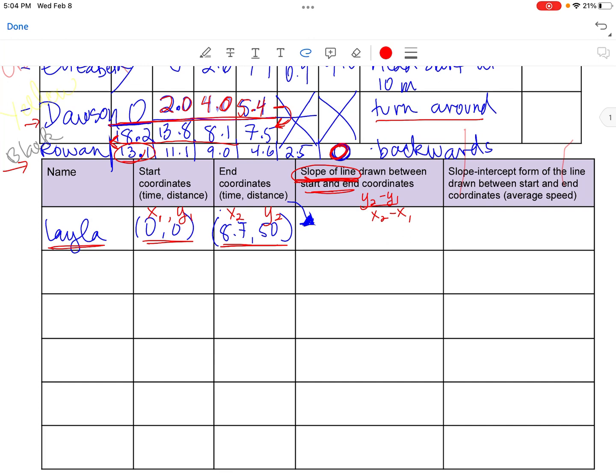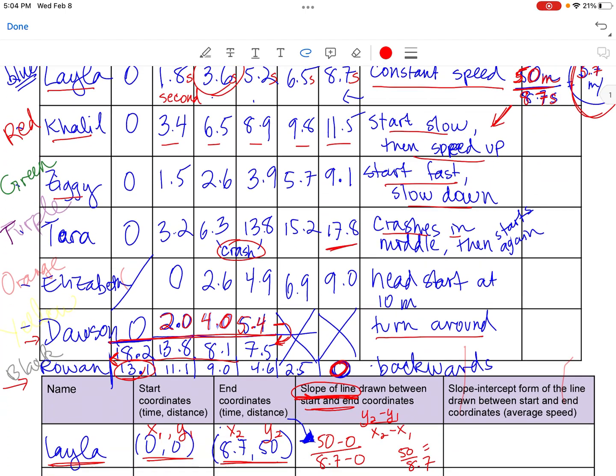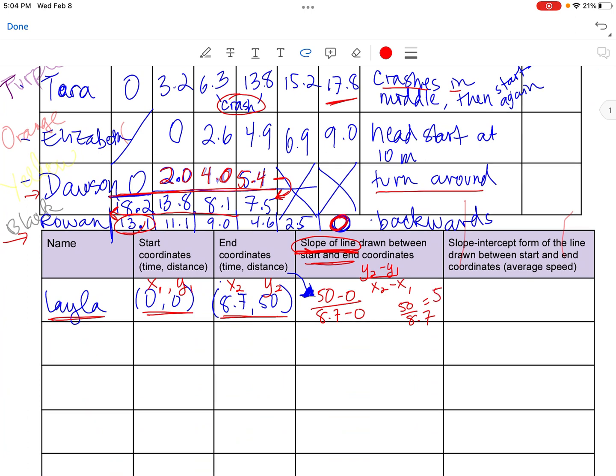So this subtraction will be easy because Layla started at 0, so it's going to be 50 minus 0 over 8.7 minus 0, so that's 50 divided by 8.7, and that's going to equal, we actually have done that calculation here, 5.7 meters per second. That's the slope, 5.7.